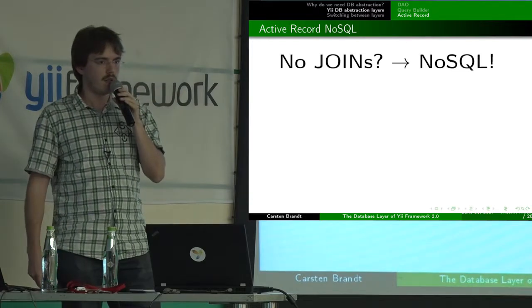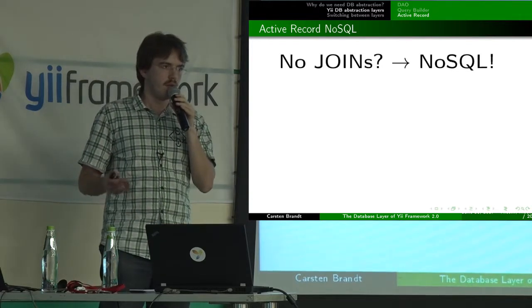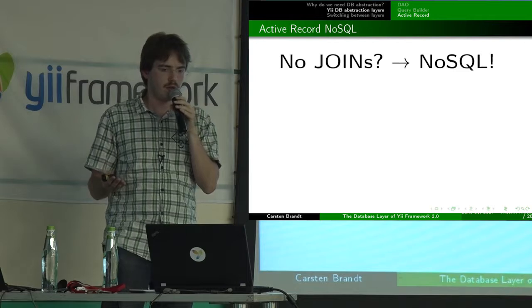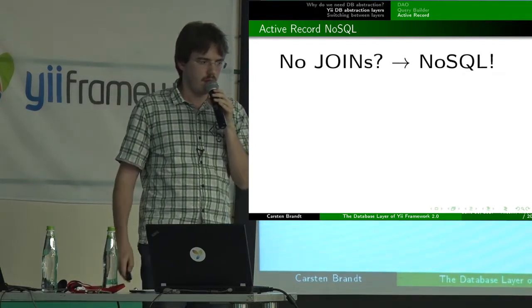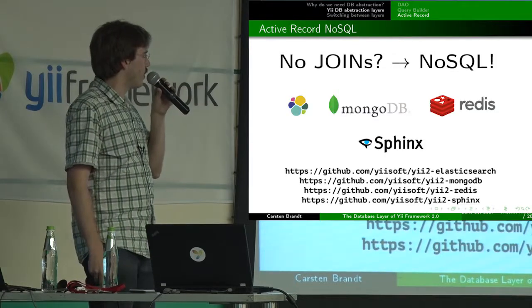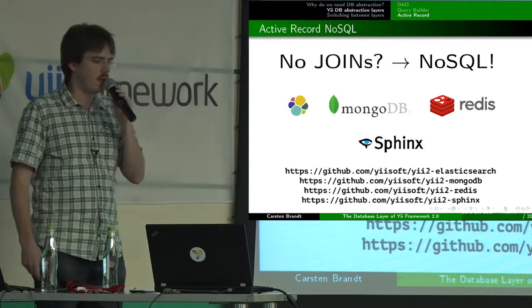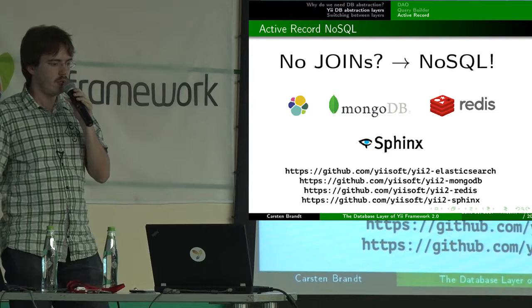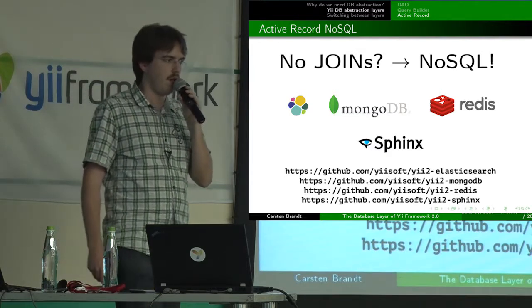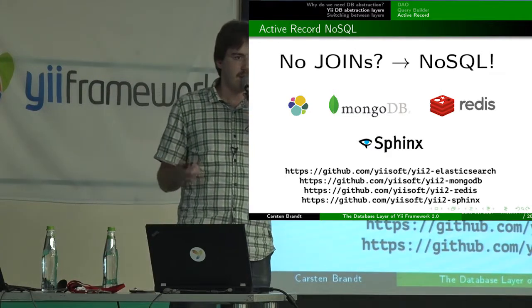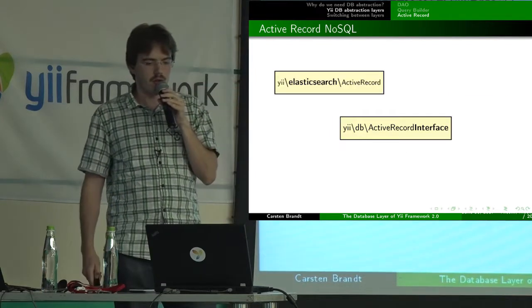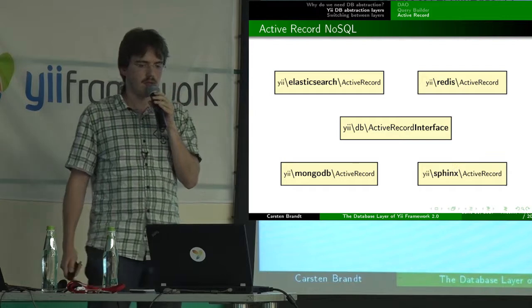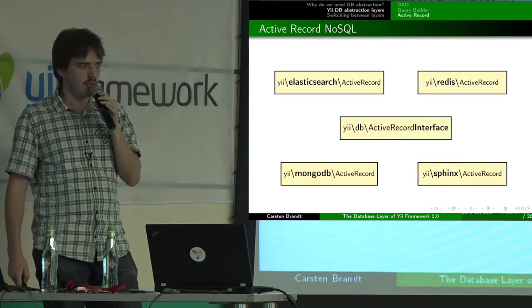So we can not only use Active Record for an SQL database, but we can also use NoSQL databases. So we have implemented this on Elasticsearch, MongoDB, Redis, and Sphinx. So we can have the same Active Record interface on all of these systems.